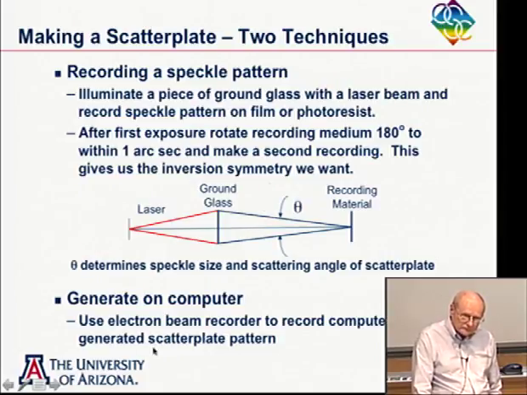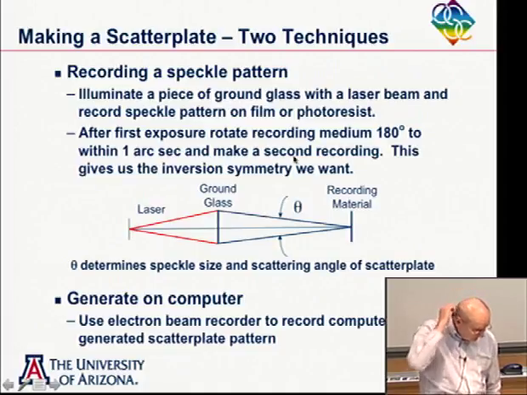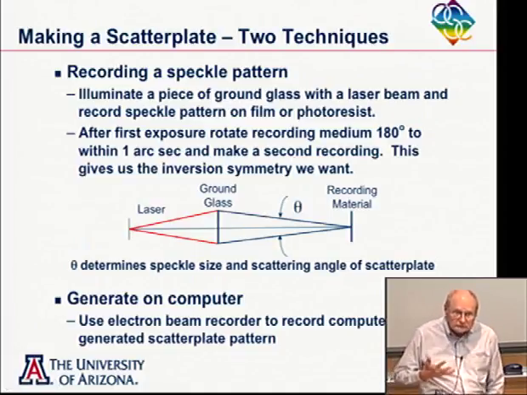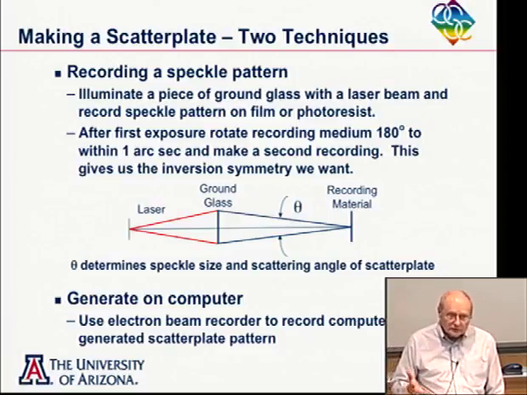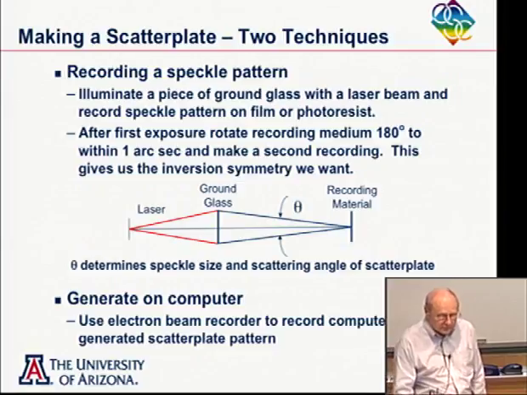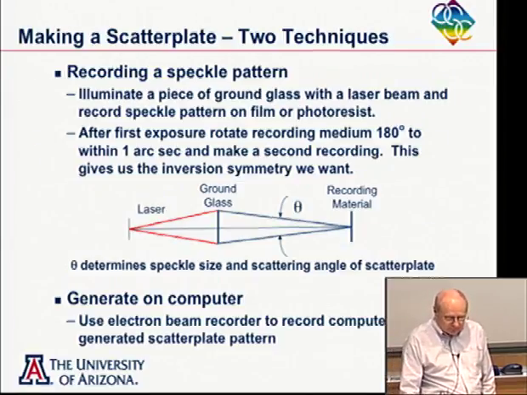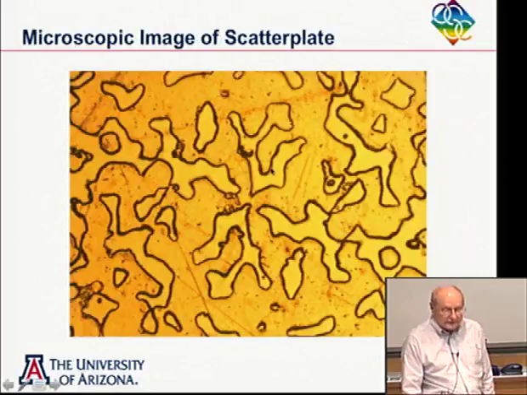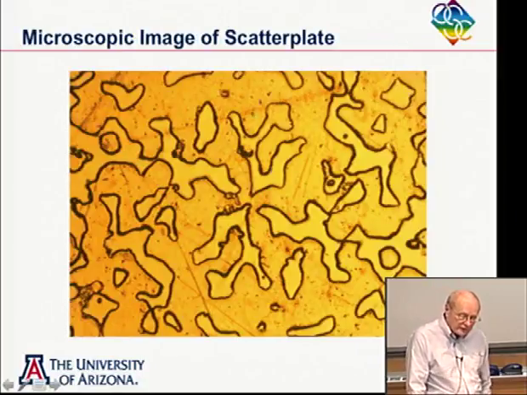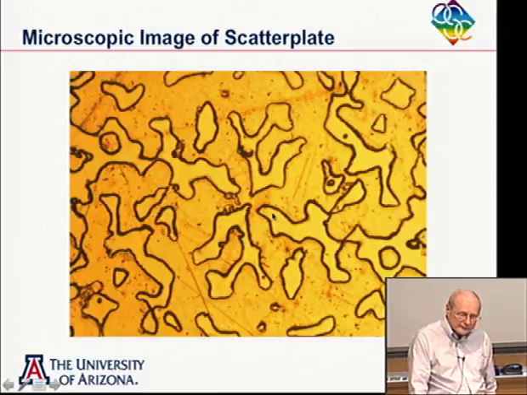What's the approximate scale of features? We're talking about a few wavelengths of light. So if we're doing it for the visible, we might be talking about 3 microns, 2, 3, 4 microns. For the one that I showed you the picture of, this was at 10 microns, and so these were 20, 30 microns, something like that.